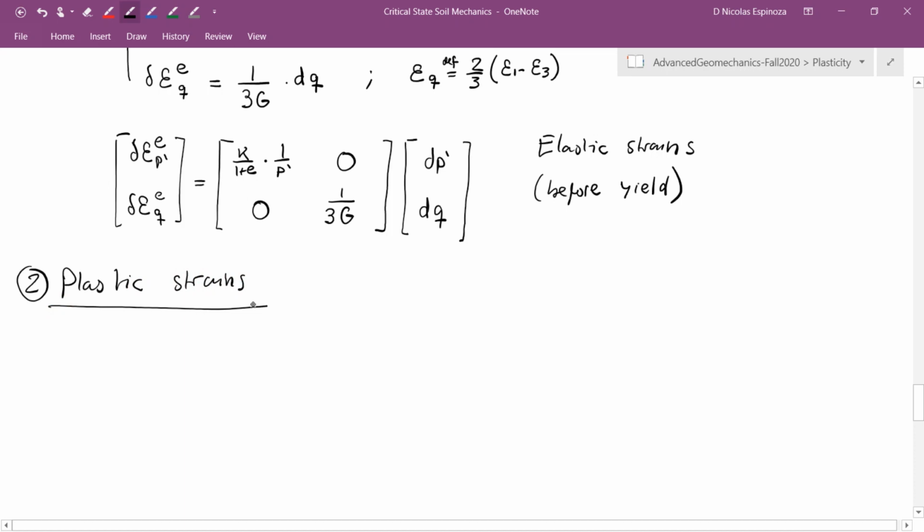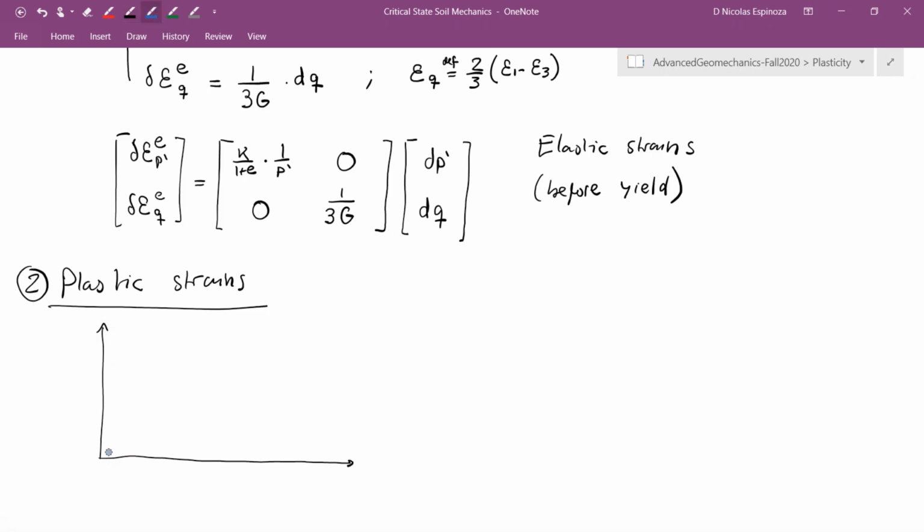All right, for the plastic strains, we're gonna use the flow rule that we saw before. Remember that we are dealing with what's actually called the modified Cam-Clay, the one that we're using.